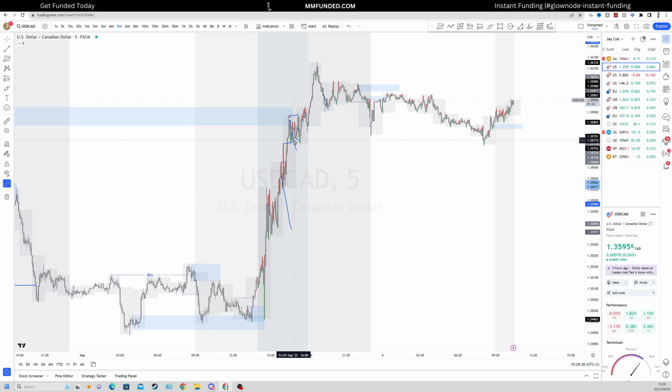What settings, when setting your position, do you also consider ICT numbers? What do you mean by ICT numbers? You're talking about the FIB OTE? OTE stands for optimal trade entry. Oh no, not that.